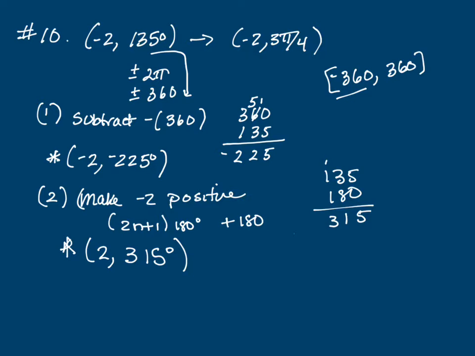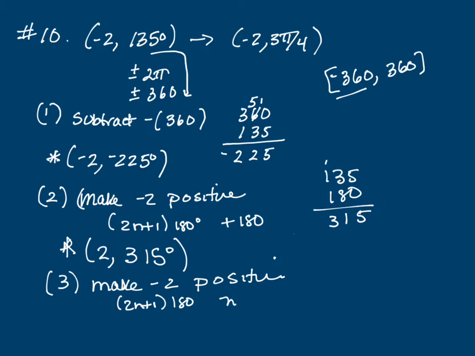And then the third one, I am going to subtract a pi because 180 degrees, 135 plus 180 won't work, it would be more than 360. So I'm going to make -2 positive and do 2n plus 1 times 180.